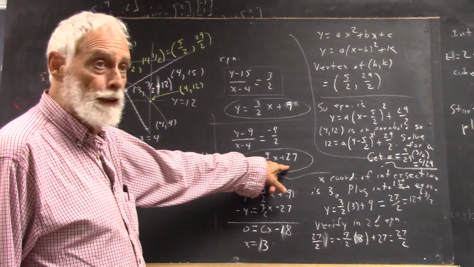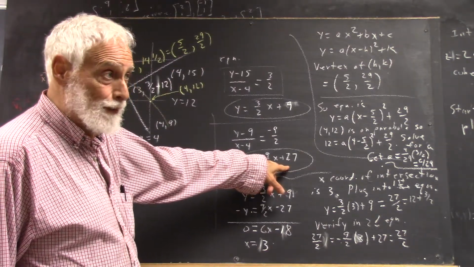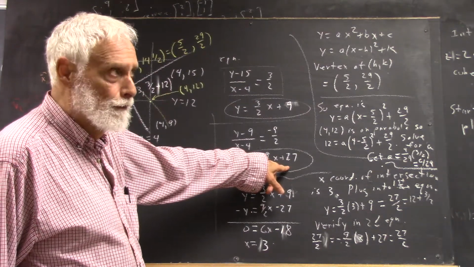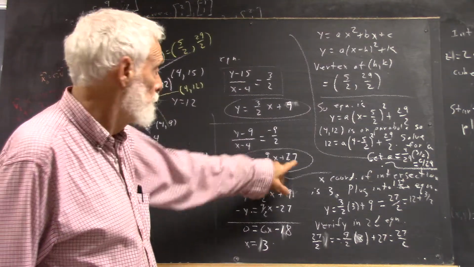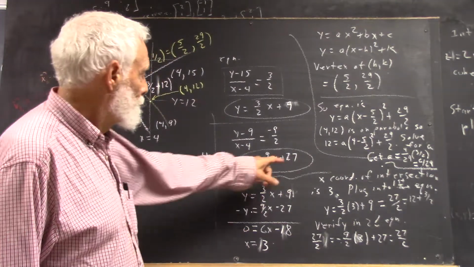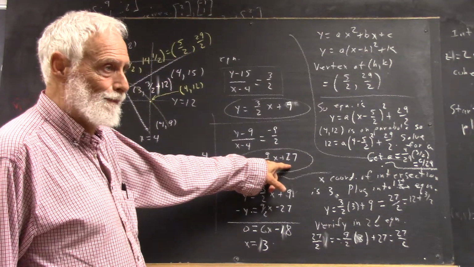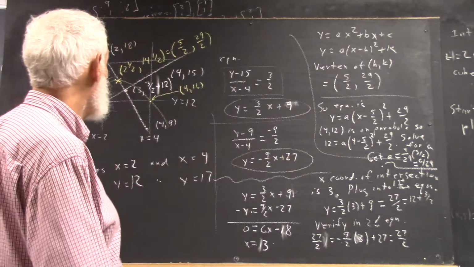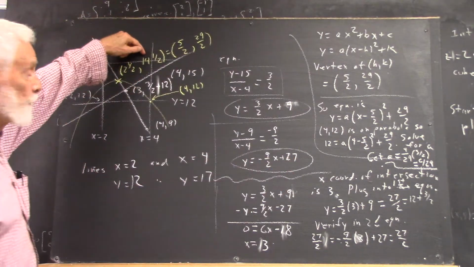And 27 is 108 fourths. Negative 45 and 108 is 63. Okay? So we're getting 63 fourths, which is 15 3/4. And we estimated 14 1/2.